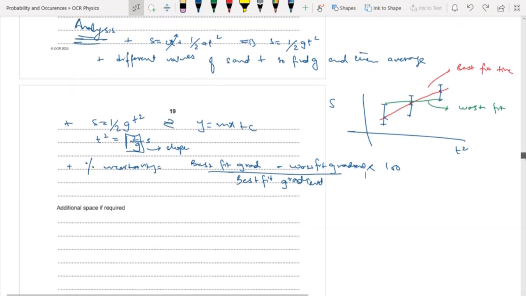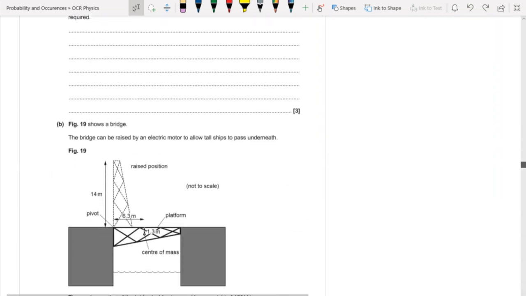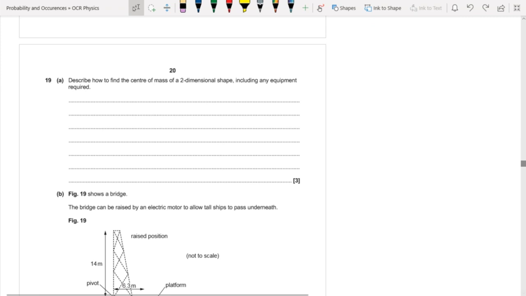All right. Moving on to question number 19. Describe how to find the center of mass of a two-dimensional shape, including any equipment required. The most common method to find the center of mass of a maybe irregular shape object is to suspend that object and let it come to rest, and then using a plumb line mark the vertical downward.